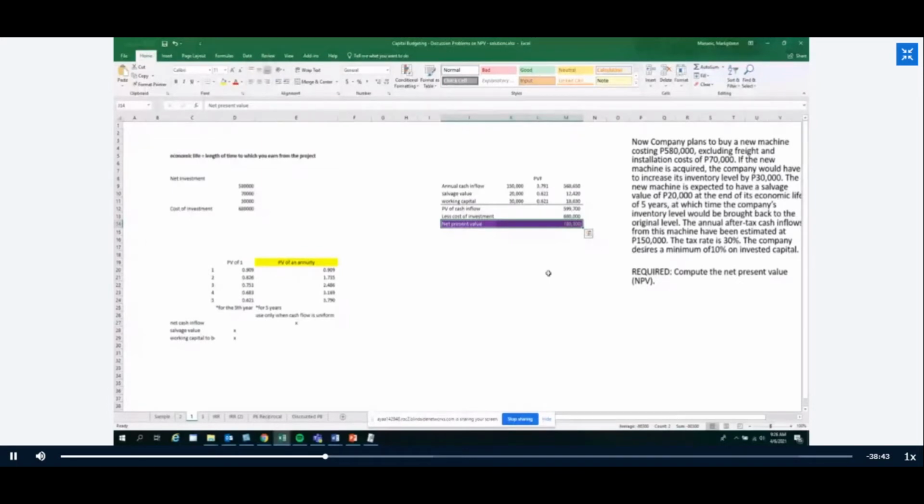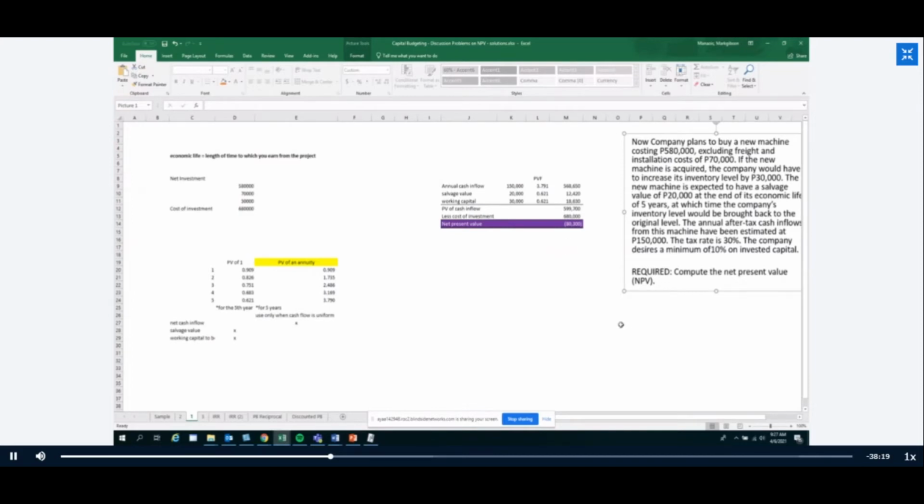Kasi mag-invest ka ng 680,000 and yet, ang makukuha mo lang out of this investment is 599,700. So, if we're going to decide on this project on the basis of net present value, we'll have to reject this project, no?